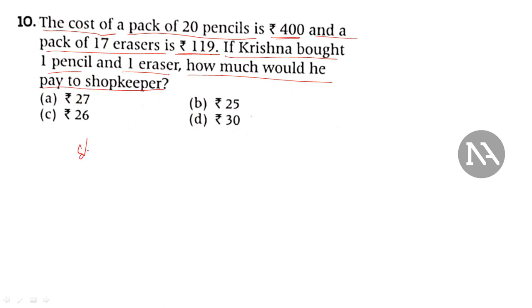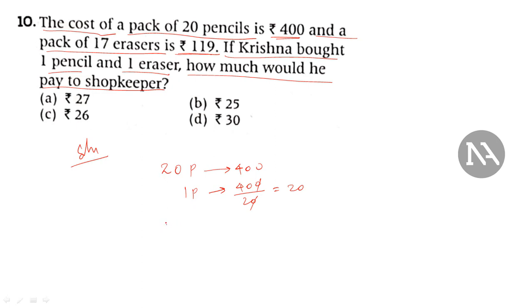It is really a simple question. Cost of 20 pencils is 400. Then what is the cost of one pencil? 400 divided by 20. That is, 0 will cancel. So it will be 20. Cost of one pencil is 20.